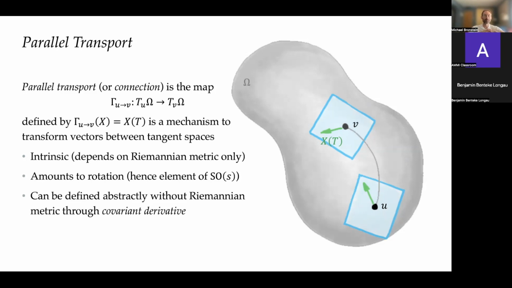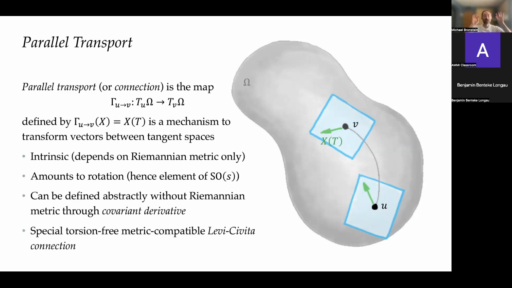We can define it abstractly without resorting to the Riemannian metric through what is called a covariant derivative. Therefore, you can have multiple connections defined on manifolds, but there is a special one called the Levi-Civita connection that is torsion-free and compatible with the Riemannian metric.